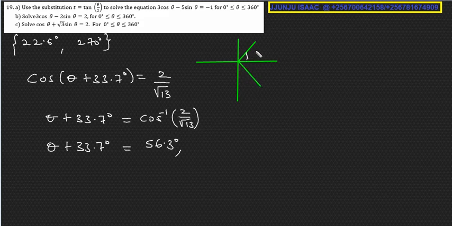So this is 56.3, and we also have 56.3. So the first one is 56.3. Another one is going to be 360 minus 56.3.